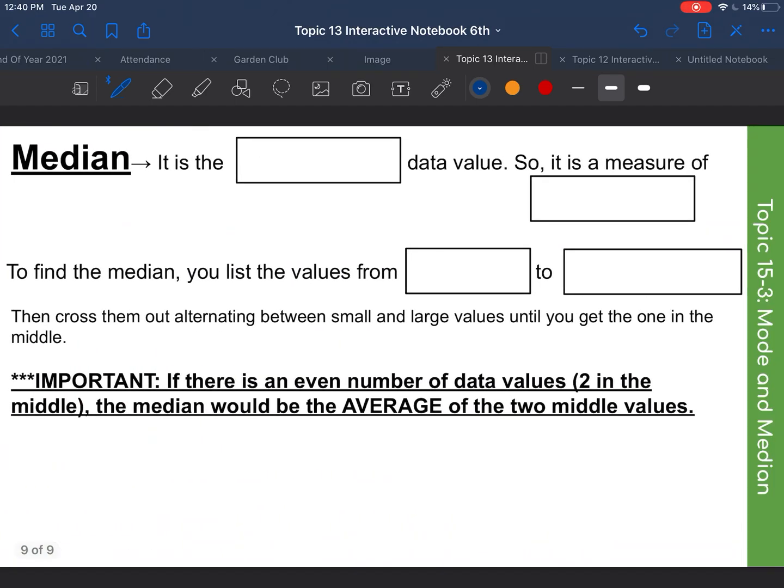Now, the next way we can analyze our data is to find the median. The median is the middle data value. So it is also a measure of center. Median measures the middle. To find the median, first we have to list the values from least to greatest.